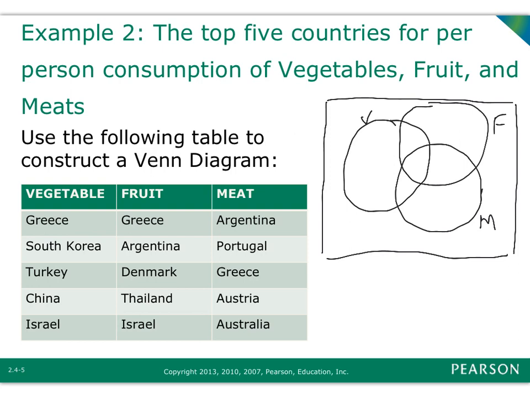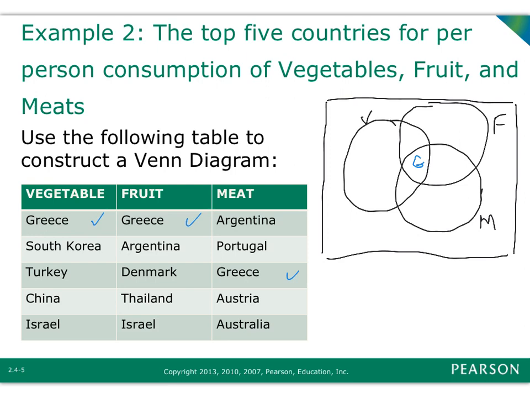Now we'll look to see the intersection of vegetable, fruit, and meat for all 3. And we see in this particular case, Greece is our only country that's going to show up in region 5.